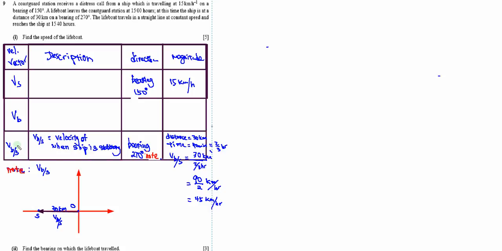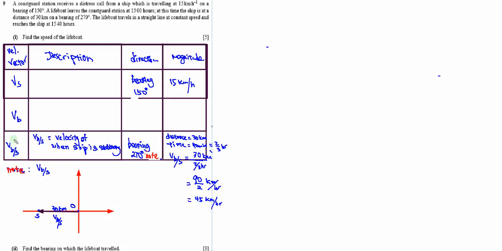In this case, I choose VBS mainly because the bearing of the ship with respect to the Coast Guard station is 270. So if I choose VBS, that means the ship is stationary.